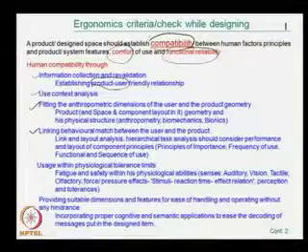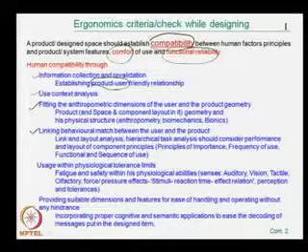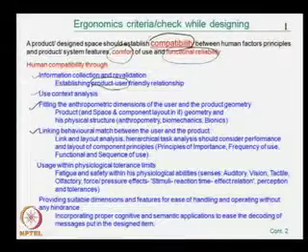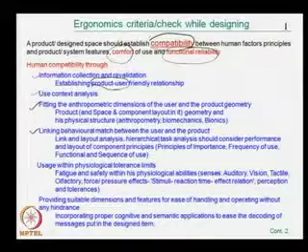After that comes linking the behavioral match between the user and the product. Under this aspect, we can say that link and layout analysis and hierarchical task analysis should consider performance and layout of component principles.